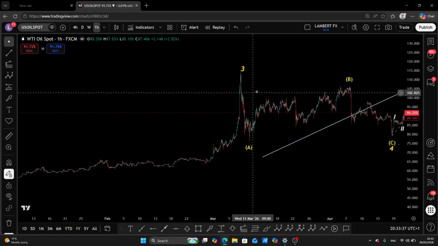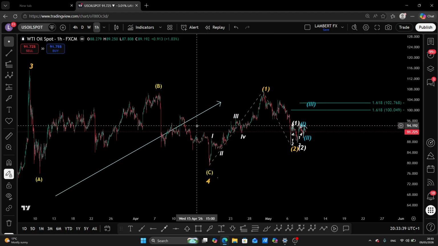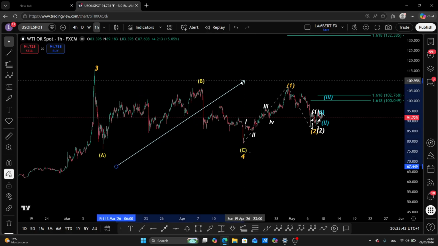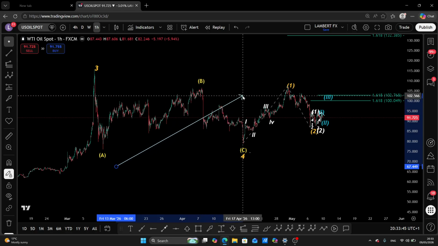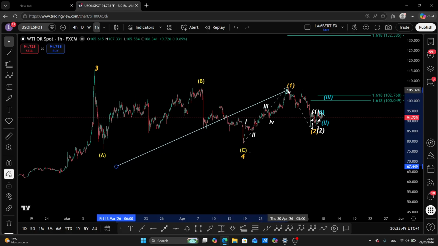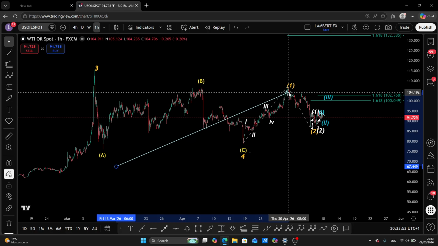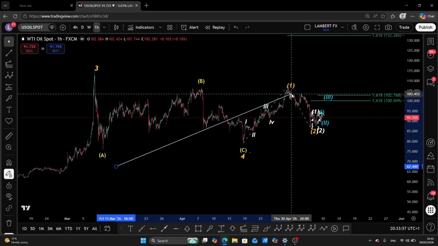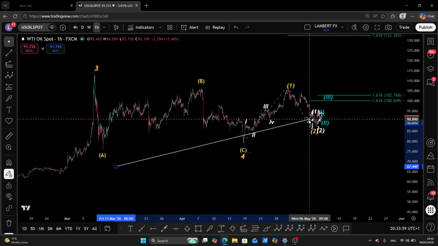So on Monday, we took a short trade from this high here. I think we took it from somewhere around there to this low here.